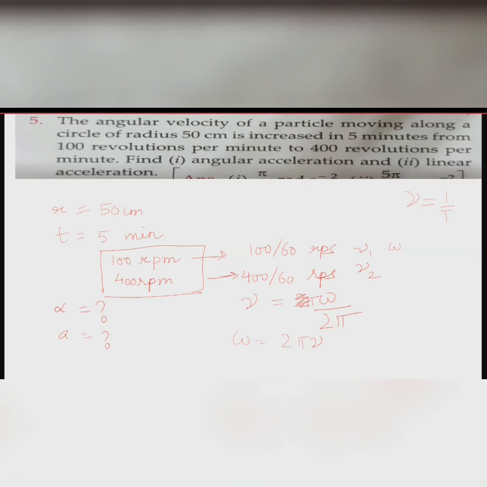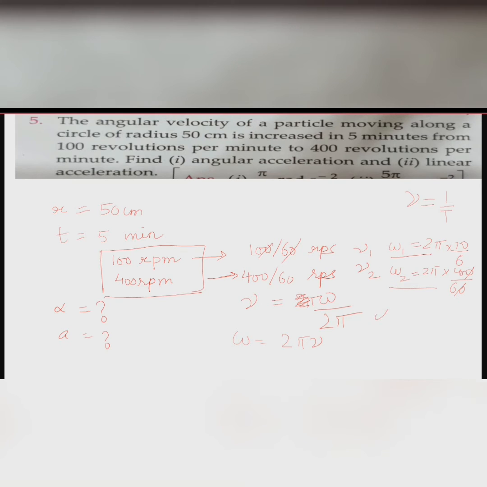So from here we can get omega 1 as 2 pi into 100 by 60, and this omega 2 becomes 2 pi into 400 by 60. Okay, so this has given me omega 1 and omega 2.